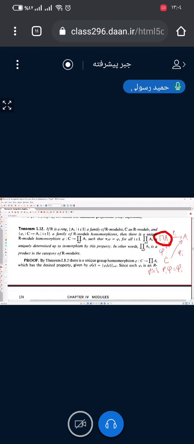The proof is here by theorem 18.2. There is a unique group homomorphism phi from C to product of AI.